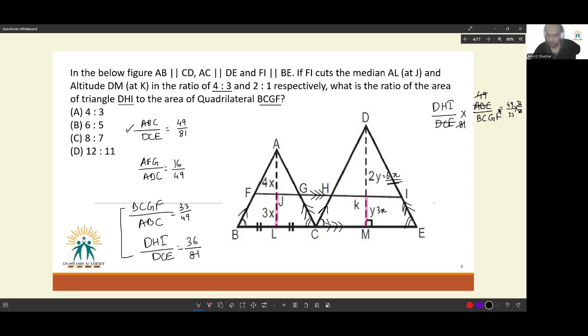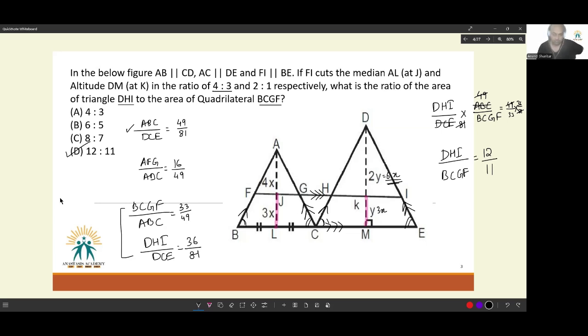So you can cancel this. The final ratio of DHI to BCGF will be equal to 12 by 11. 36 by 33 gets reduced to 12 by 11, or the correct answer here is D.